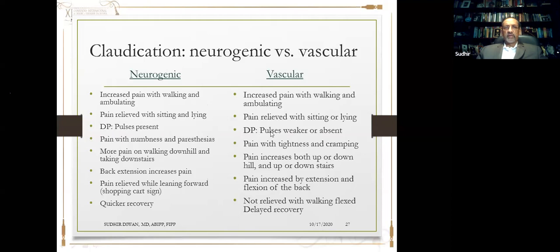There would be weak dorsalis pedis pulses with the vascular. The pain in neurogenic is more pain with numbness. Here in vascular, the pain is more tightness and cramping.